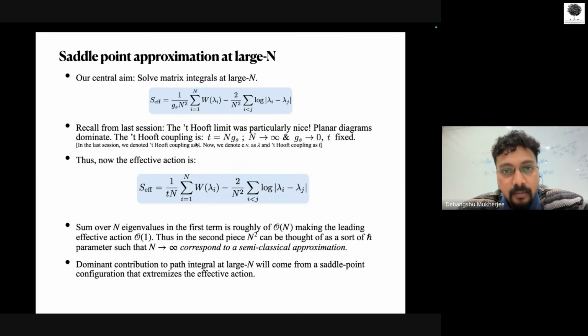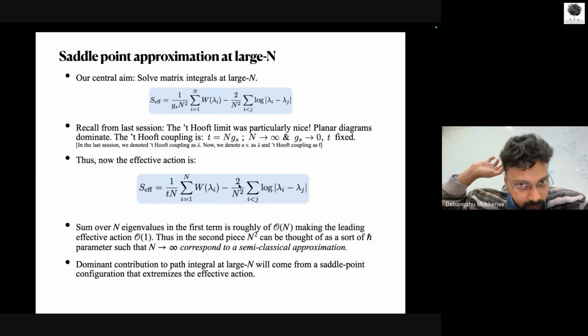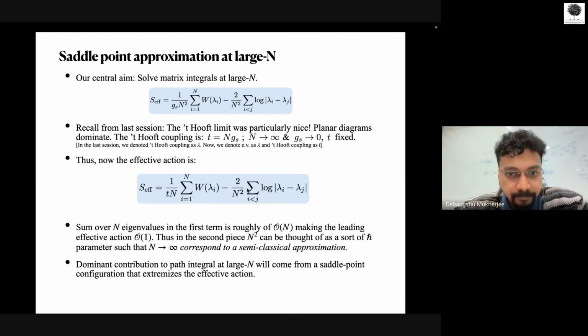But since this time I am dealing with the eigenvalue basis and the eigenvalues are lambda, to avoid any confusion I'm calling the 't Hooft coupling T. So the effective action, because I have taken this 't Hooft limit, in the first term the denominator 1 over g_s times N gets replaced with t, and I'm left with a factor of 1 by N. However, there is no g_s piece in the Jacobian. The g_s piece was strictly present within the potential. So effectively, at the end, we have this.